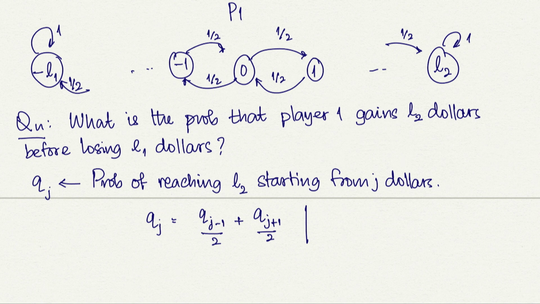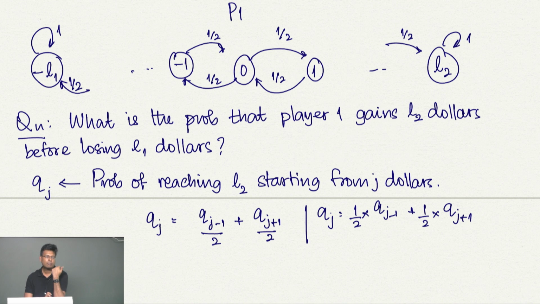So the other way to write this, Qj is nothing but half times Qj minus 1 plus half times Qj plus 1. With half probability you're going backwards, with half probability you're going forwards.